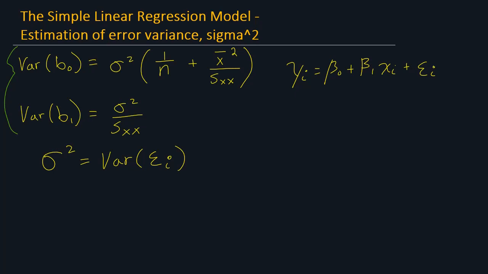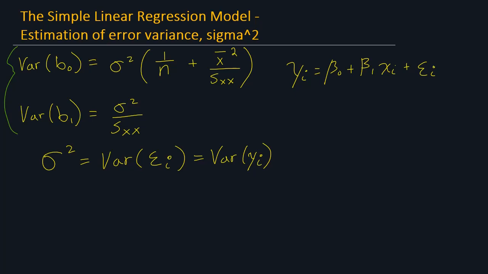So the variance of epsilon sub i is by definition what sigma squared is. And the variance of y is exactly the same thing as the variance of epsilon, so sigma squared is the variance of y.